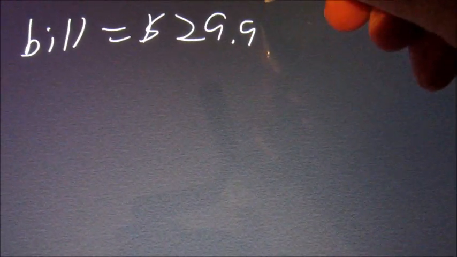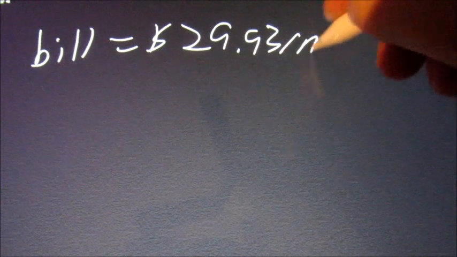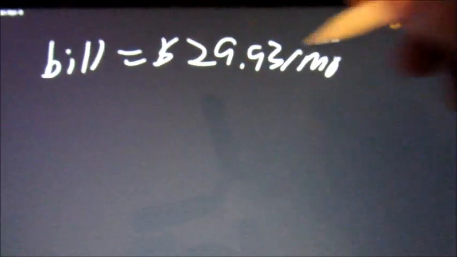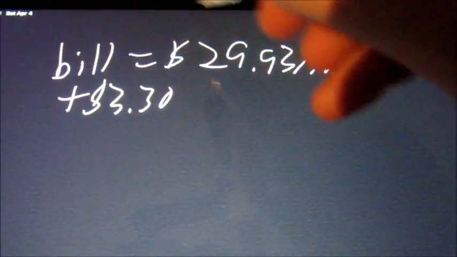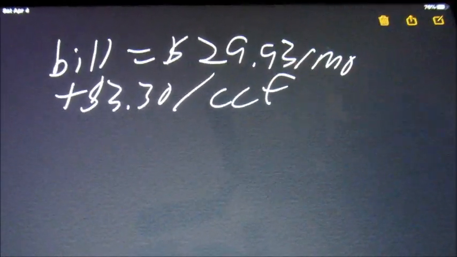Okay, so the next one is, let's say that an electricity bill or a water bill is going to equal $29.93 per month plus $3.30 per unit.